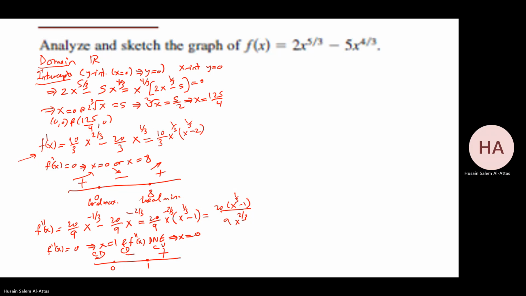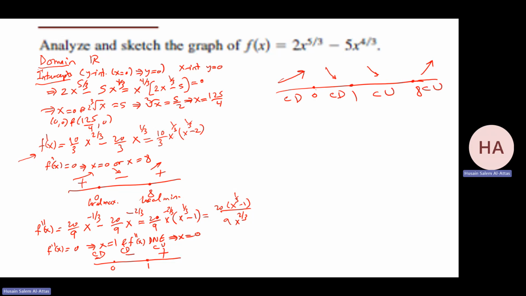If you want to put it in one line, it is increasing, then decreasing, decreasing, increasing. It's concave down, concave down, concave up, concave up.